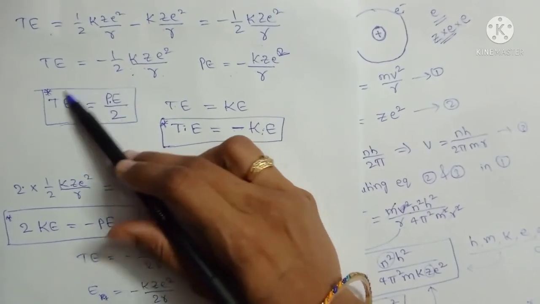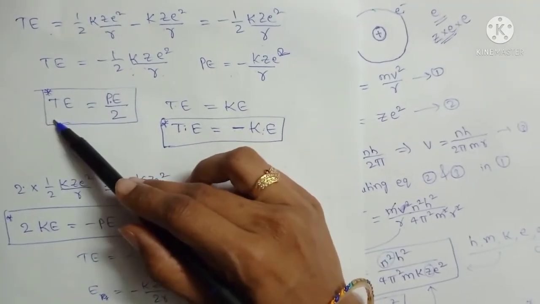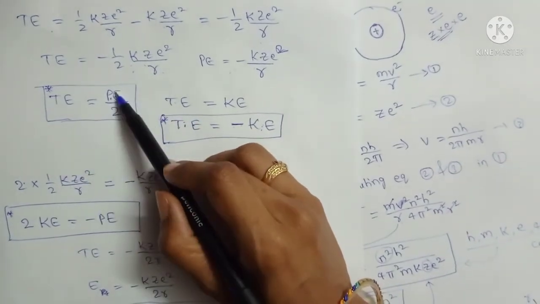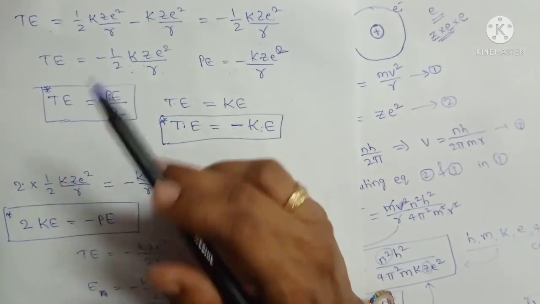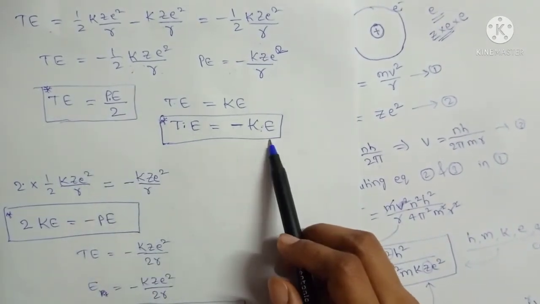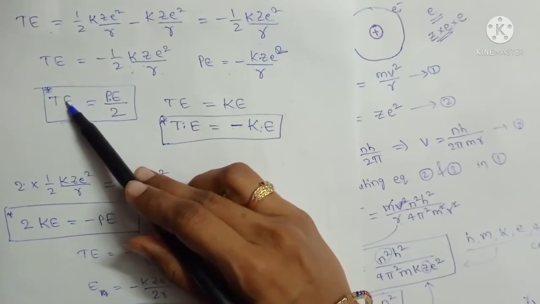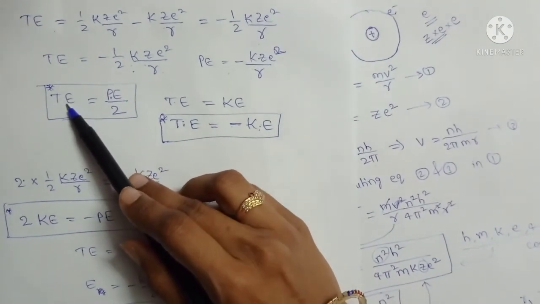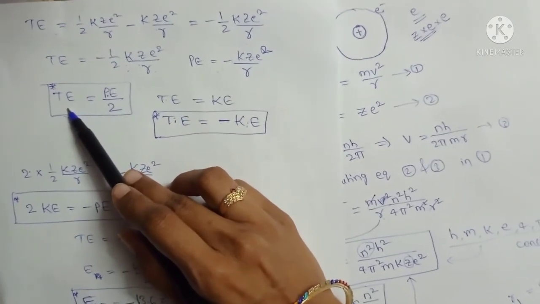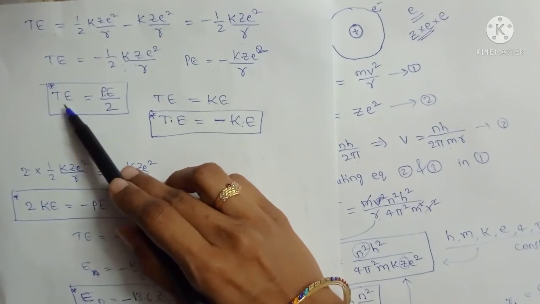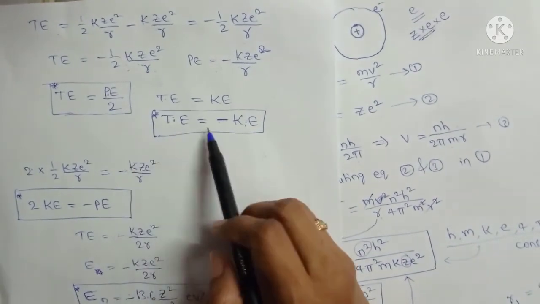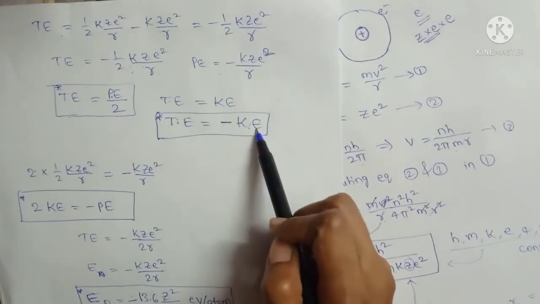So total energy is exactly half of the potential energy, which means potential energy is 2 times higher than total energy. Total energy is equal to minus kinetic energy, and it is half the potential energy. So these are the two relationships: total energy equals potential energy by 2, and total energy equals minus kinetic energy.